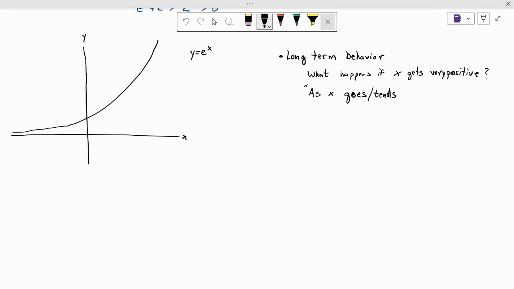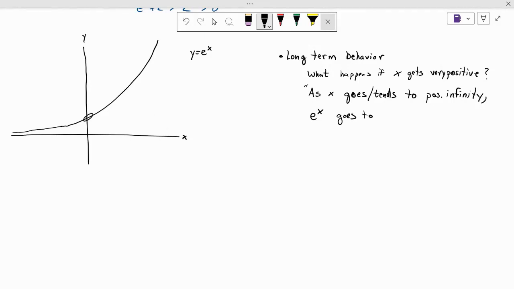So this is really getting to the theme of calculus now. We're thinking asymptotically, long-term behaviors. As x goes to positive infinity, how does e to the x behave? Where does it go? Yes, y gets very positive. It goes to infinity.